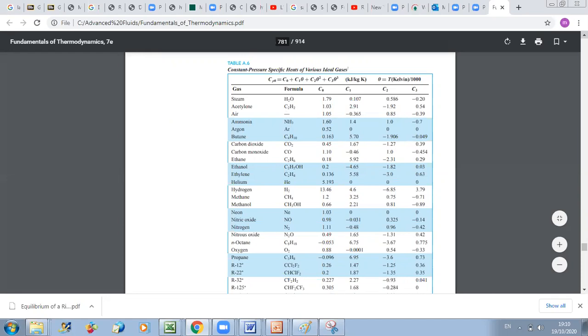If you have a large delta T, then it will be good to take into consideration the variation of values for Cp and Cv. Now, if in a certain problem they don't give you any information, or if you find that delta T is not very high, you can assume that Cv or Cp is constant.